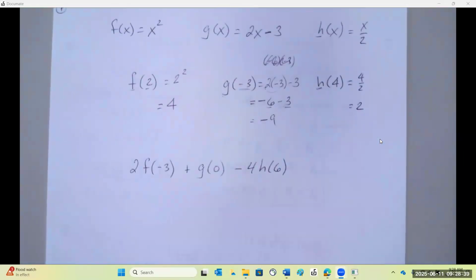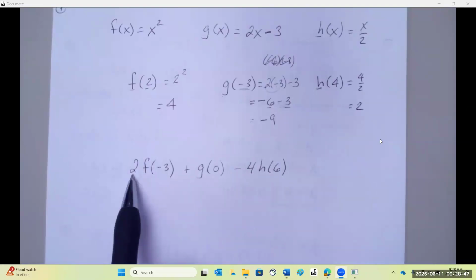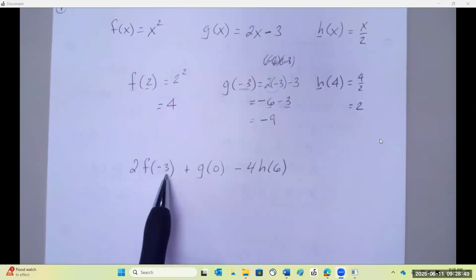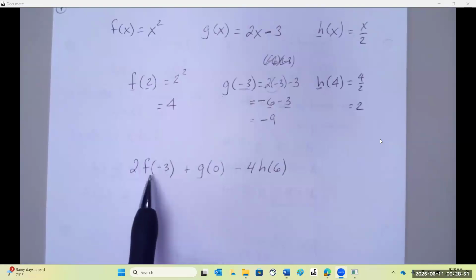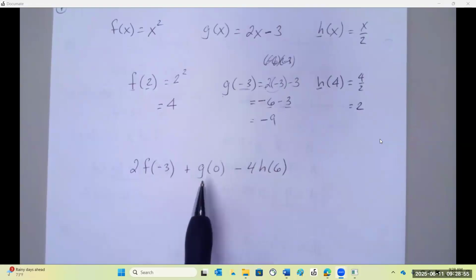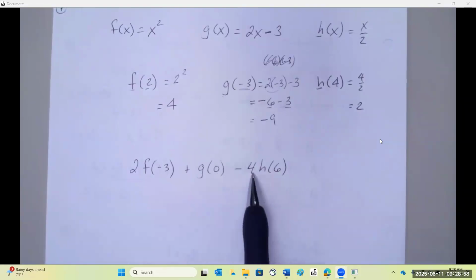How about this one? What is this telling us? What does this mean? Yeah, 2 times the function of f at -3 plus g of 0 minus 4 times h of 6.